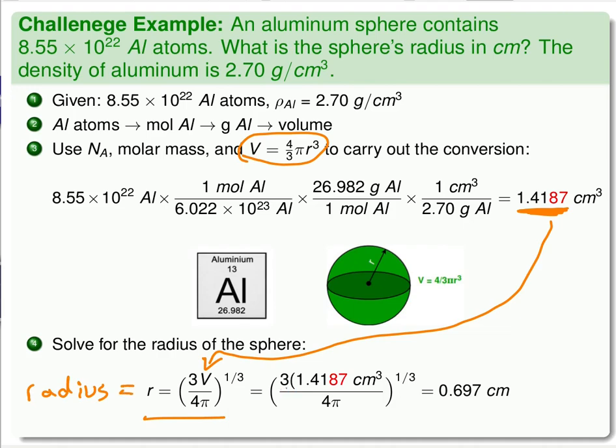Okay, then again, carrying over all those units without rounding, we can plug into that calculator 3 times this volume of the sphere divided by 4 pi, take the cube root, and then round off our final answer to 3 sig figs, and we will arrive at a radius of this aluminum sphere of 0.697 centimeters.